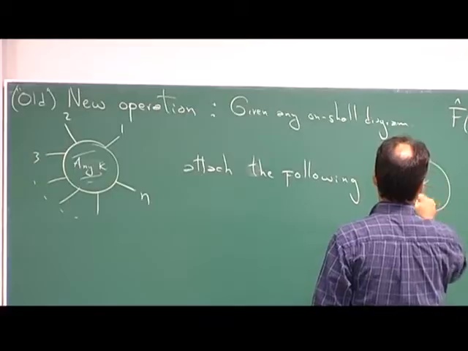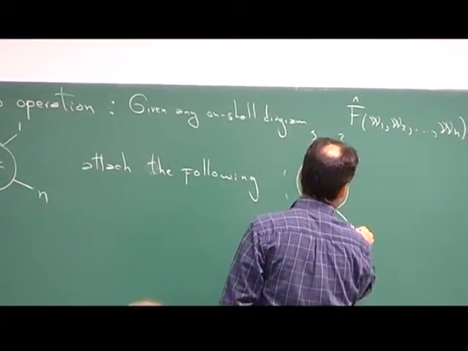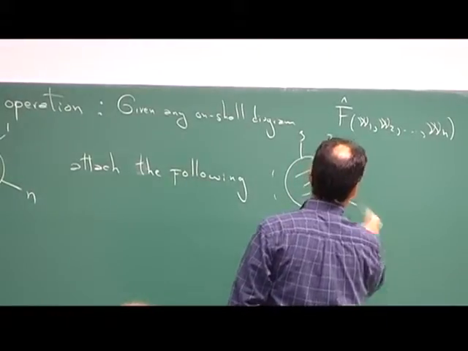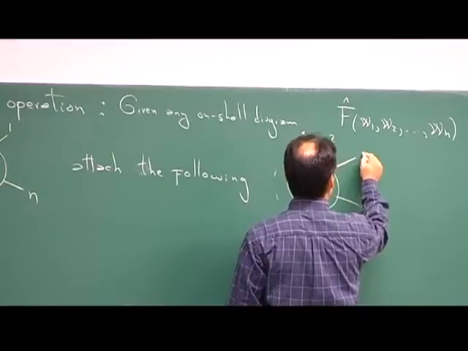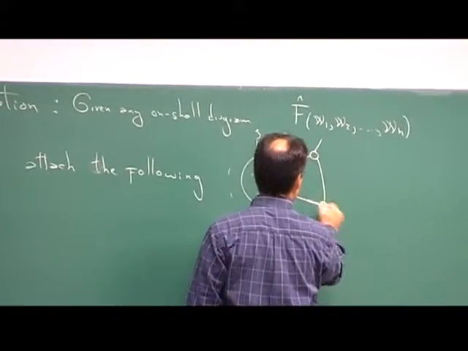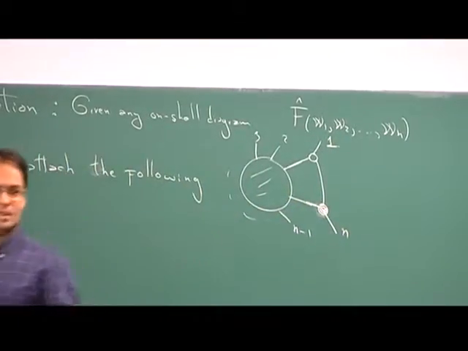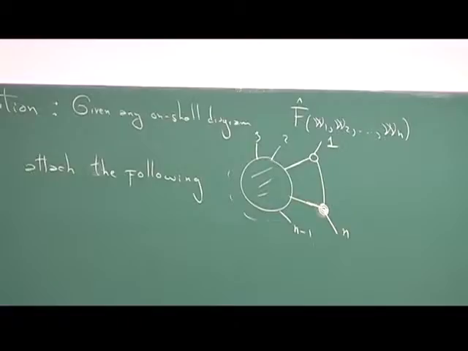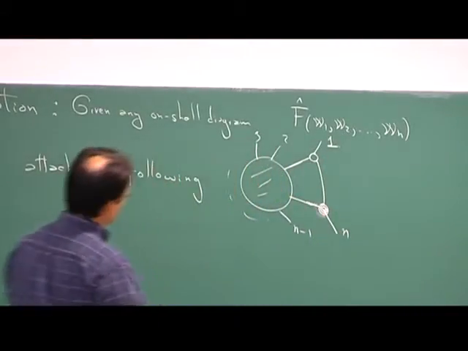So you have your diagram. So to legs 1 and n, you're going to do the following. Just tack in there a white vertex, a black vertex, and just connect them.